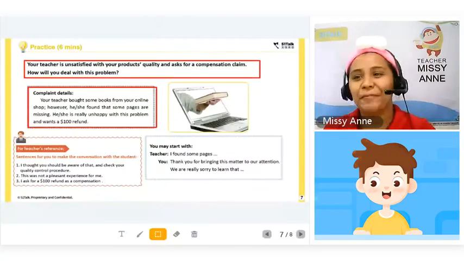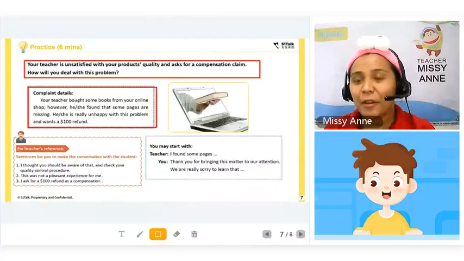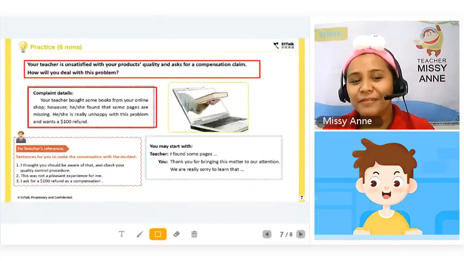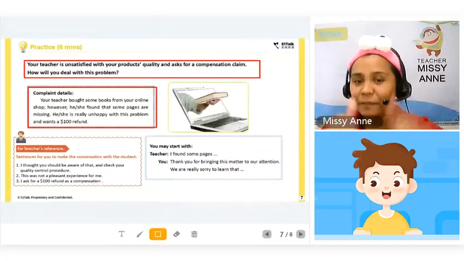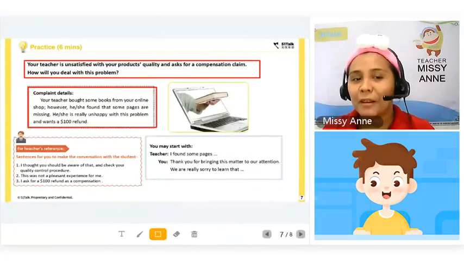In addition, if you'd like to ask for a refund, you can return the books. And after we receive the box, I will give you the refund.